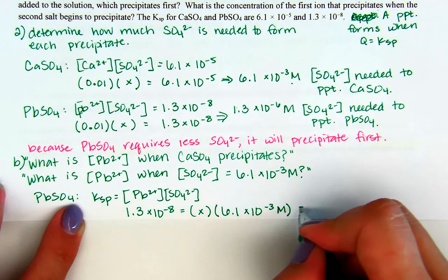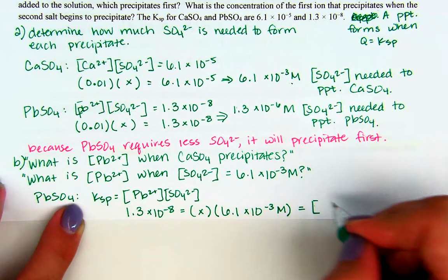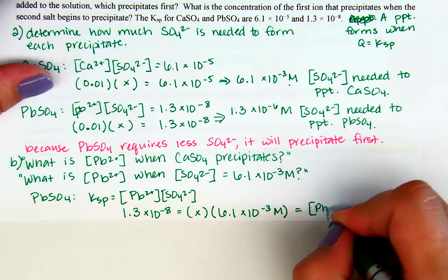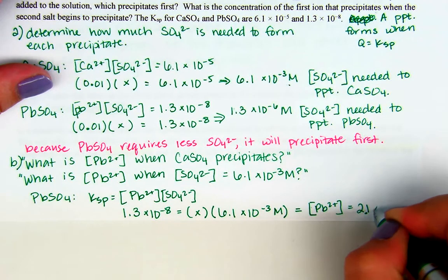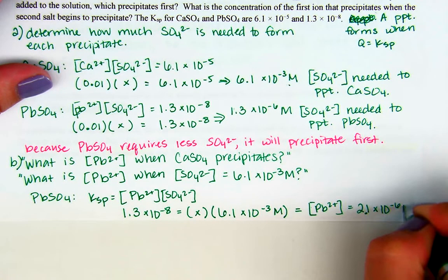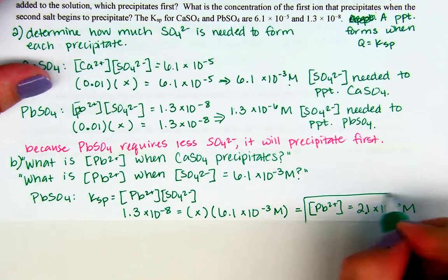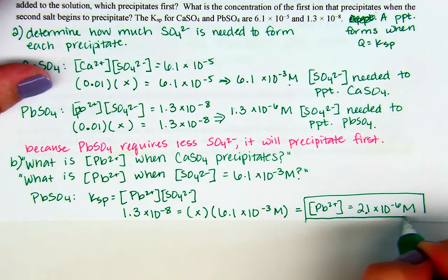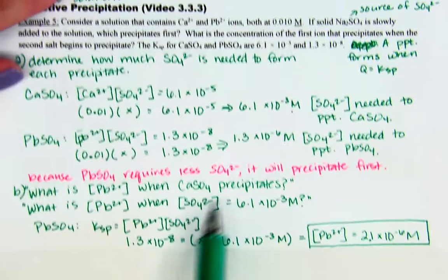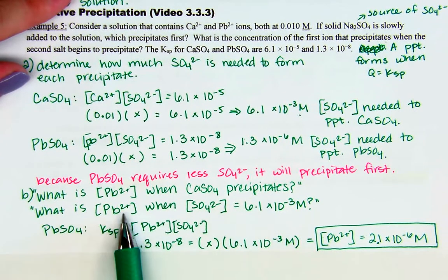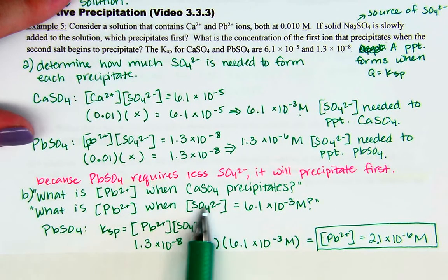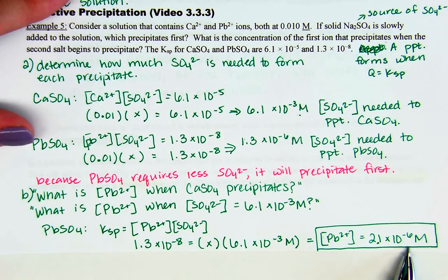And plugging all of this into your calculator, you get that the concentration of lead equals 2.1 times 10 to the negative 6 molar. So that means when your calcium sulfate starts to precipitate, your lead concentration is going to be 2.1 times 10 to the negative 6 molar at that same exact time.